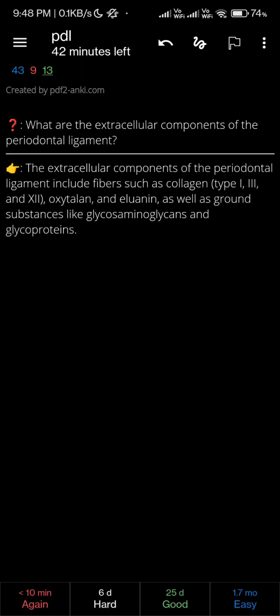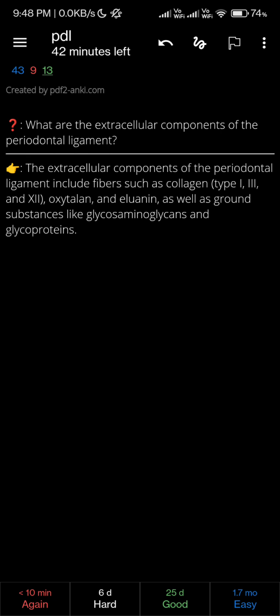What are the extracellular components of the periodontal ligament? That is the ground substance: proteoglycans, glycoproteins, glycosaminoglycans, and fibers. Collagen proteins make up 90%, including collagen types 1, 3 and 12.